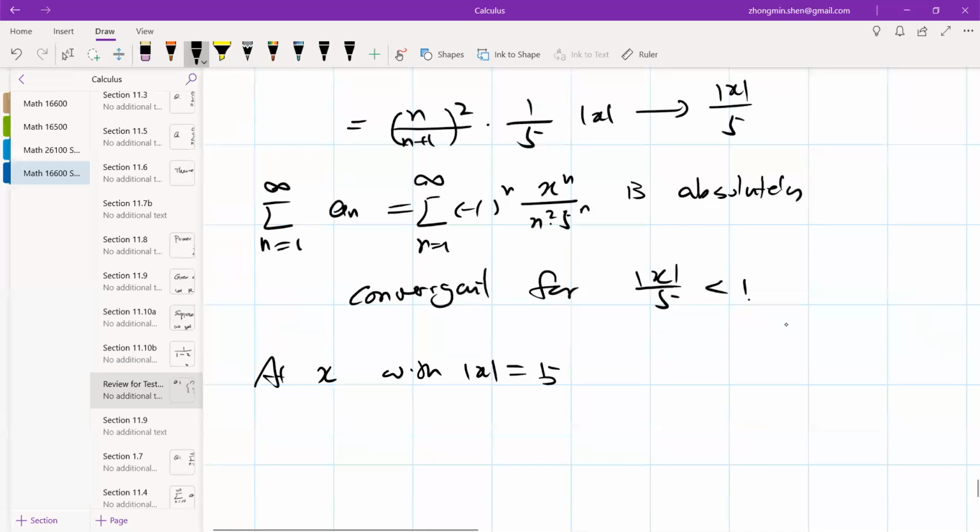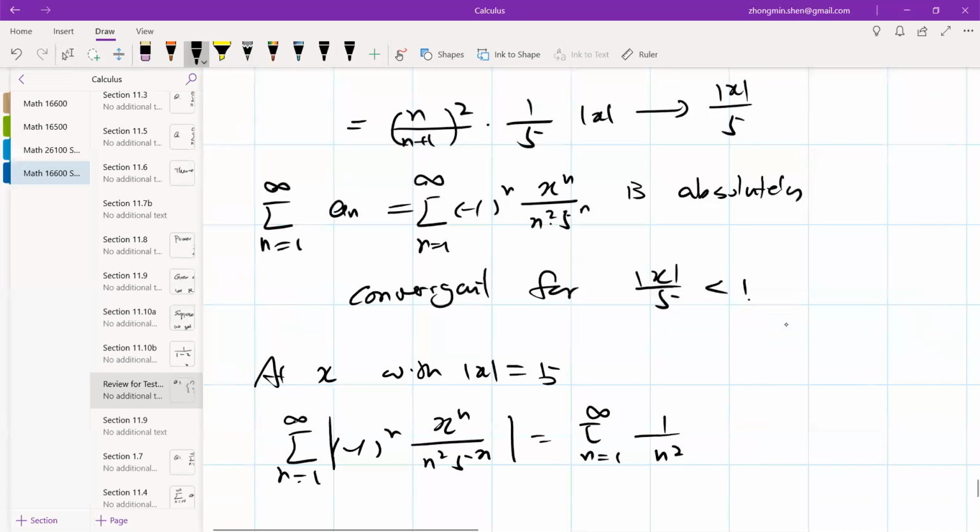Then when you look at the absolute value, you will get 1 over n squared. This is convergent. That's why it's absolutely convergent at the endpoint, because it doesn't matter whether x is positive 5 or negative 5, right?